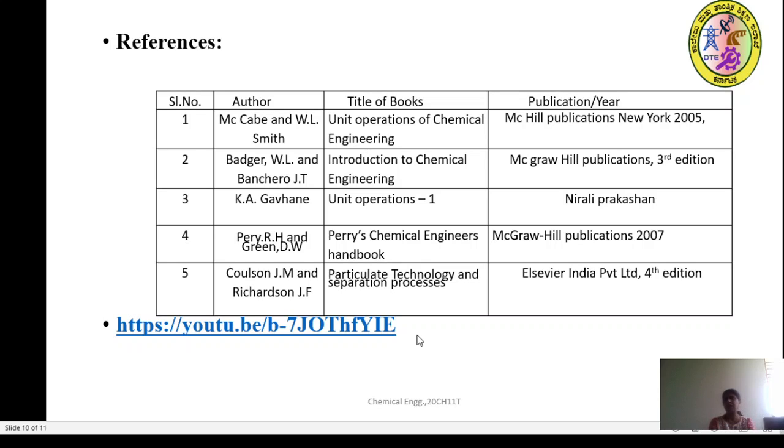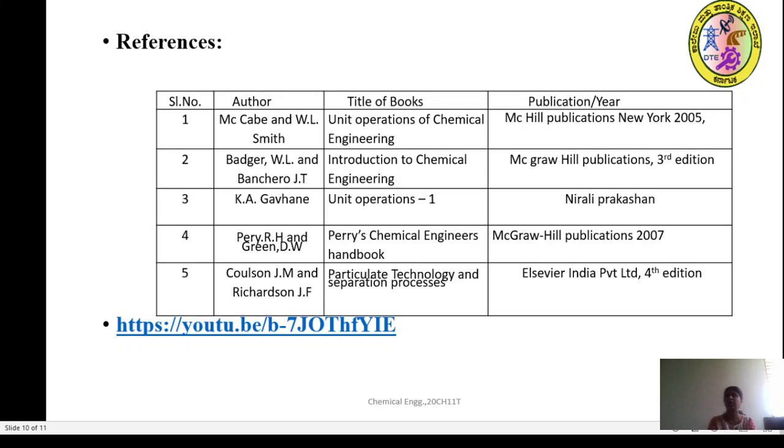The commonly asked question in this topic, the most important question, will be on the vertical tubular type centrifuge, which is a continuous centrifuge type. So be thorough with the tubular centrifuge, especially the construction part of it. Construction in the sense you have to draw the diagram and explain what the diameter is, what the length is, and what exactly it consists of.